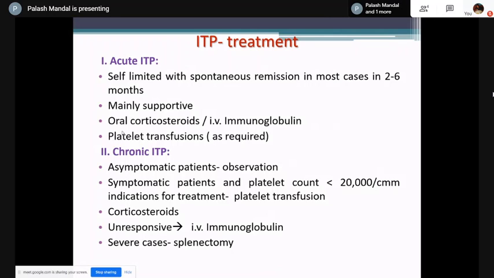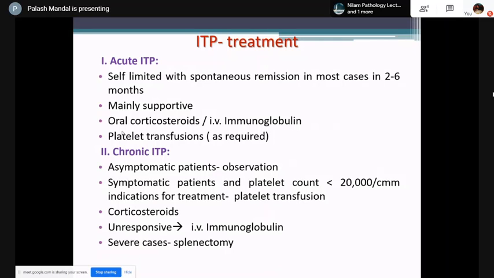For the practical purpose as well as the examination point of view, treatment is not part of pathology, but since we are in the new curriculum, we are supposed to practice alignment as well as integration of these topics. So I have given a bit of the treatment. Acute ITP does not require much treatment. It is mainly supportive treatment, and platelet transfusions may be required if the platelet levels go down to a very critical level, and at times, rarely, oral corticosteroids or immunoglobulin may be given.